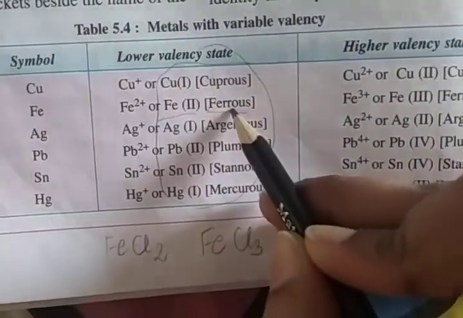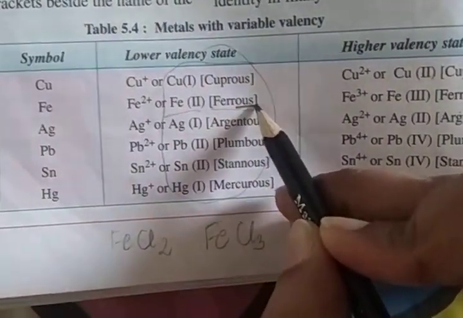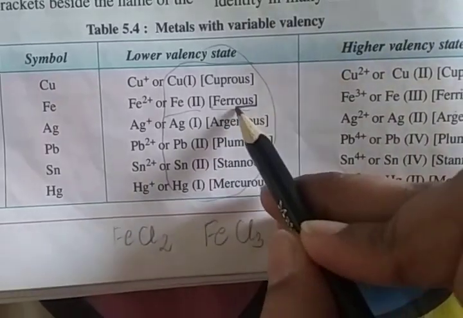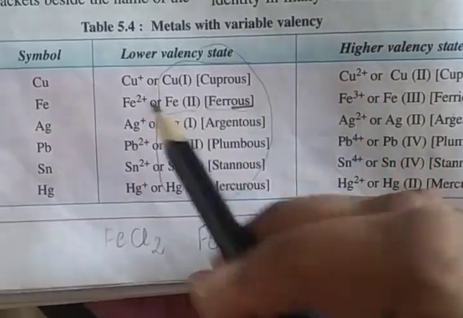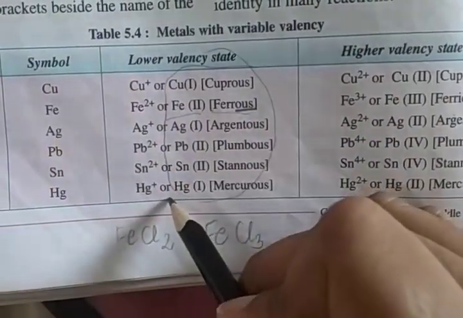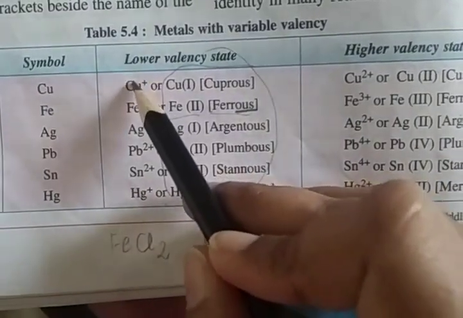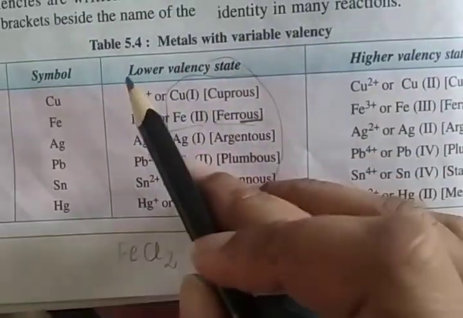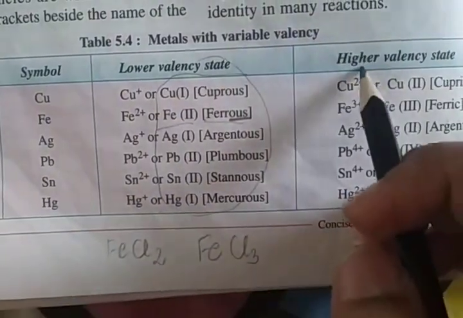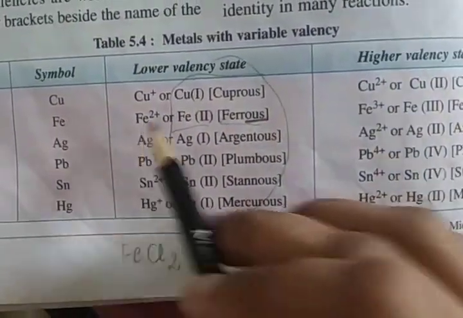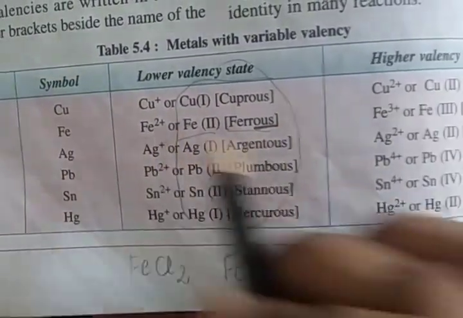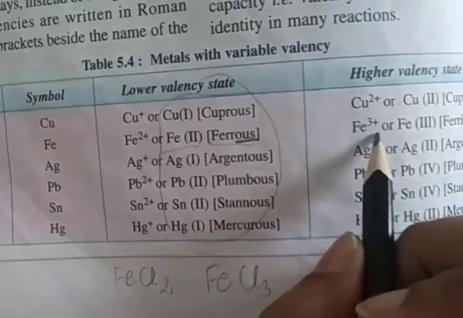Please note the suffix OUS. OUS is used when we talk about the lower valencies. Just say copper, it has +1 and +2. So lower becomes +1, higher becomes +2. Iron has +2 and +3. So lower becomes +2, higher becomes +3.